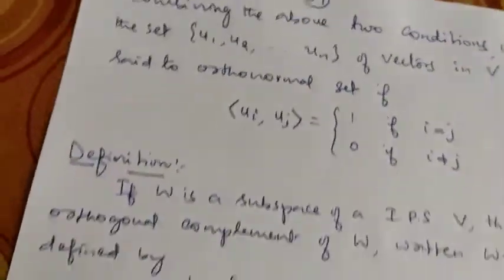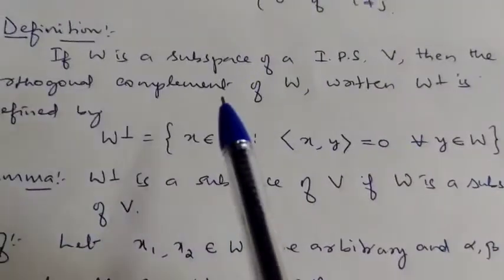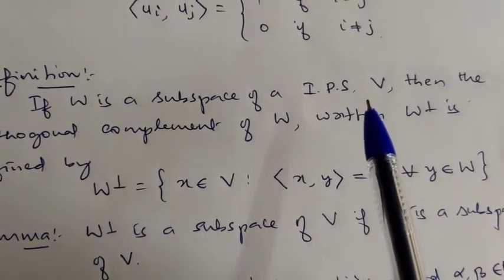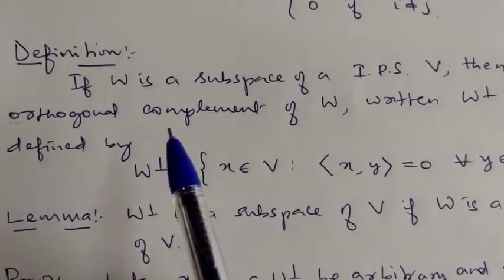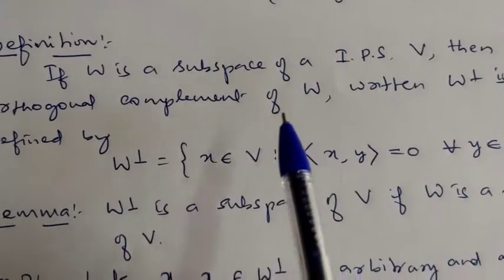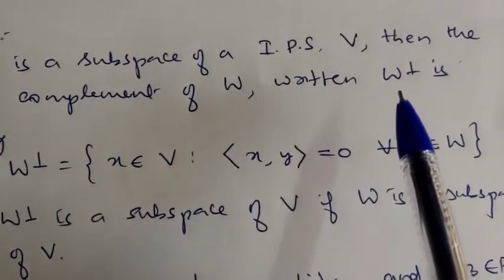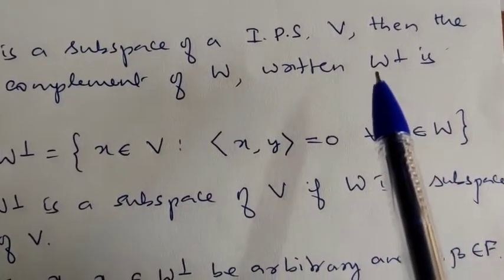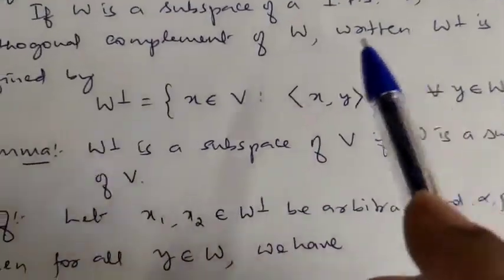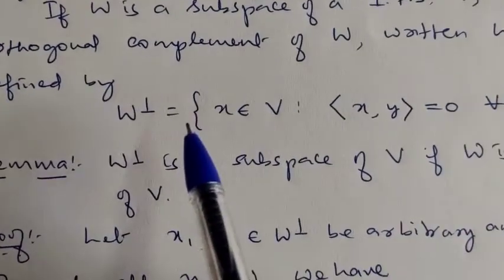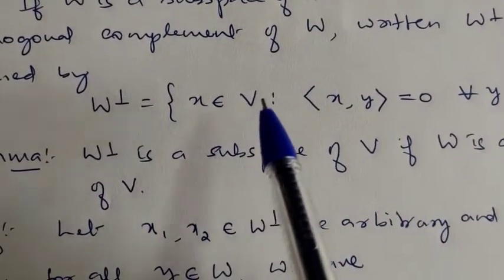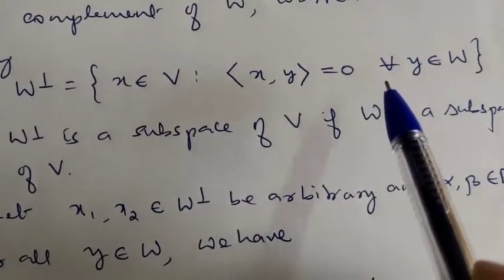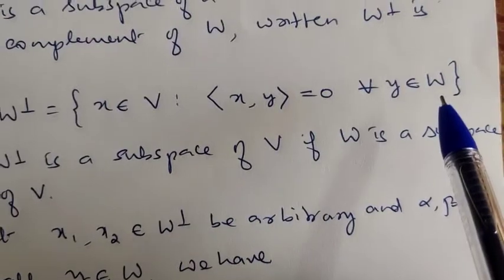Now let W be any subspace of an inner product space V. Then the orthogonal complement of W, written W perp, is defined as the set of all x belonging to V such that the inner product of x comma y is 0 for every y belonging to W. This is a very important definition.